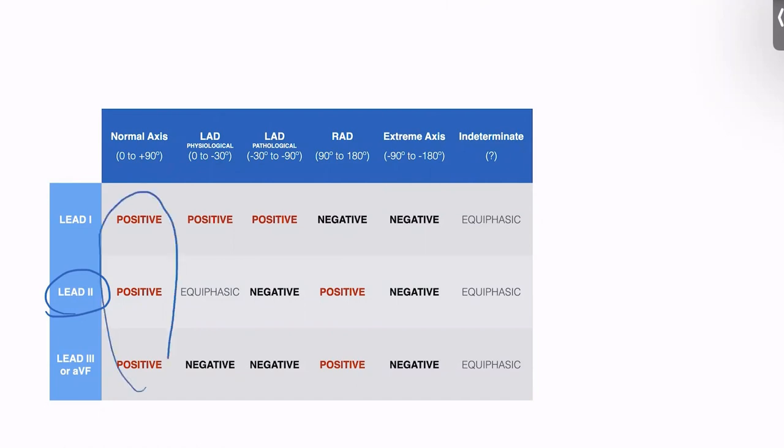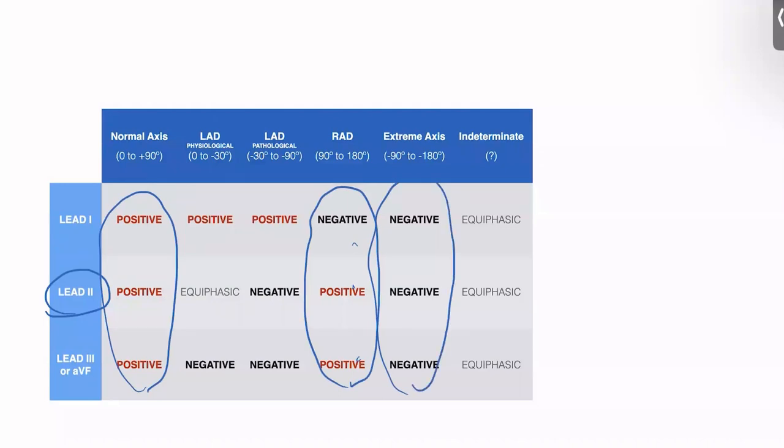For the normal axis, it is the same. For RAD, negative, positive, positive. Extreme axis, negative, negative, negative. But for the physiological and pathological, lead 2 is equiphasic or negative. So lead 1, 2, aVF, and so LAD in the quadrant method.